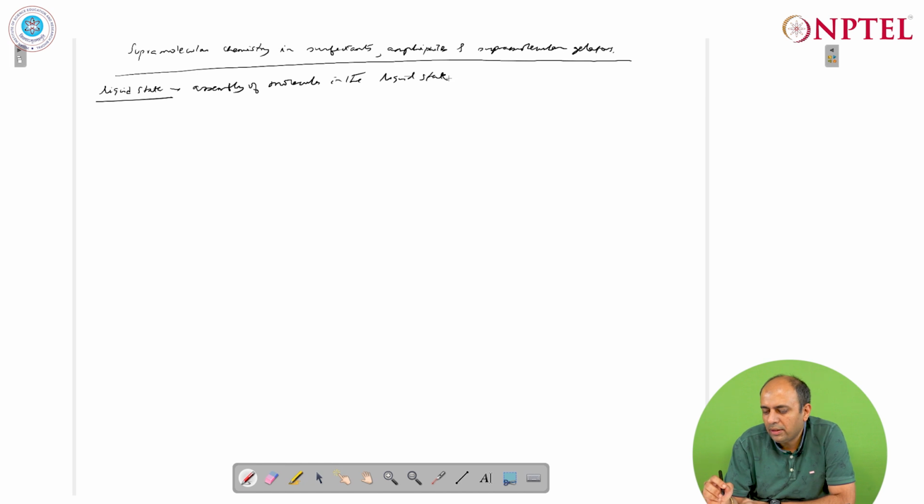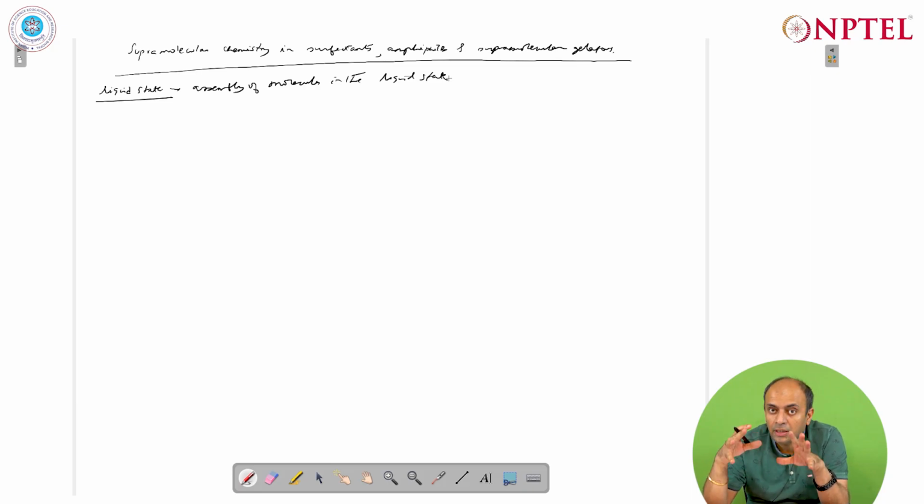So the liquid state, unlike the solid state, is not very well characterized in terms of order. That means the arrangement of the molecules is not like that of the solid state, where the molecules are very tightly packed. In the liquid, the molecules have random orientations, and they also have a lot of flexibility in molecular motion.